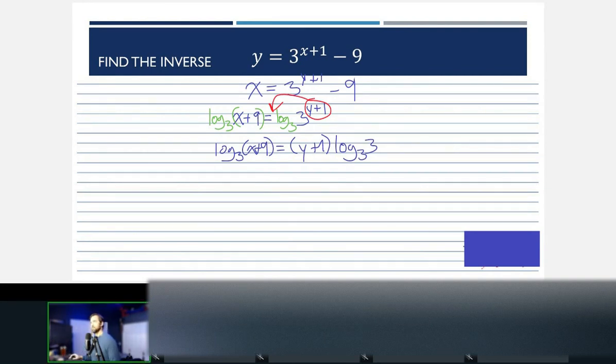All right, what's next? The log base 3 of 3 becomes 1. Perfect. This becomes a 1, and then the y plus 1 just carries down. I didn't write it last time, but I'll write it this time just to show that, because 1 times anything is itself. And then don't forget our log base 3 of x plus 9. All right, now what? Subtract 1. Yep, and then we'll be done.